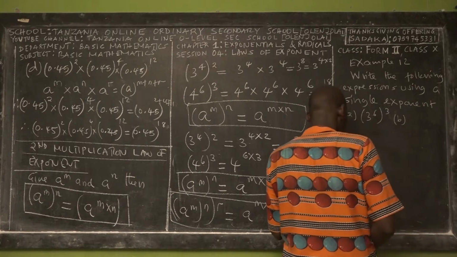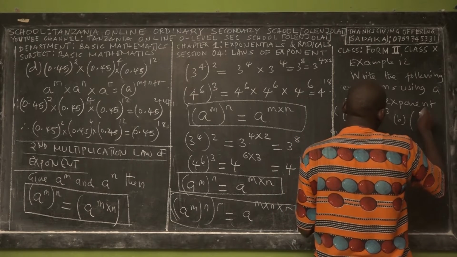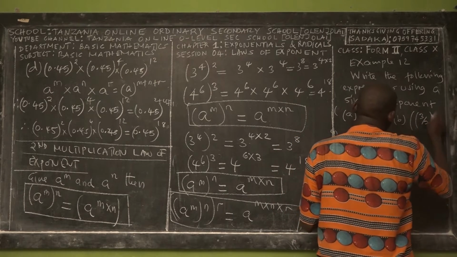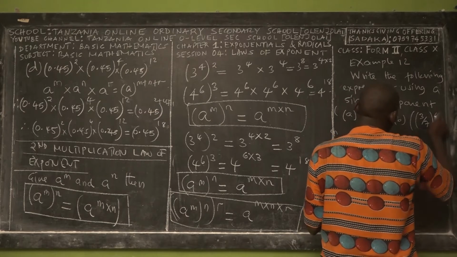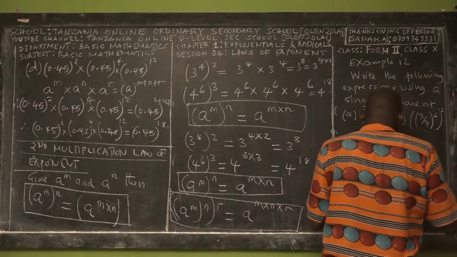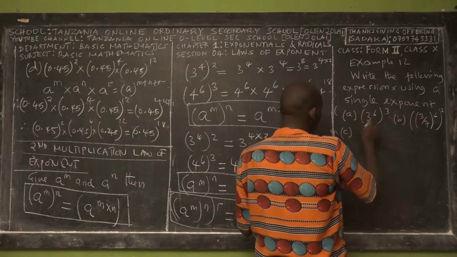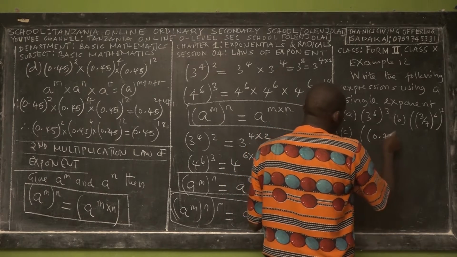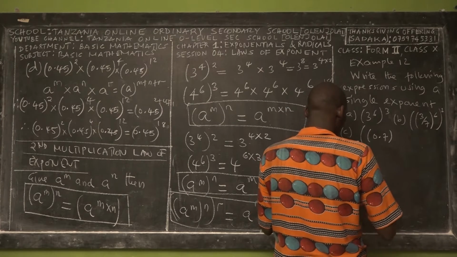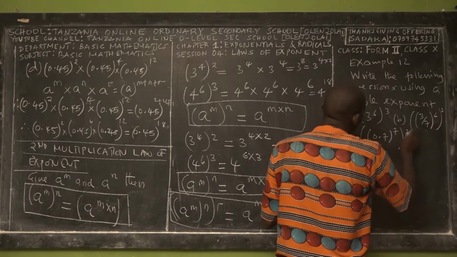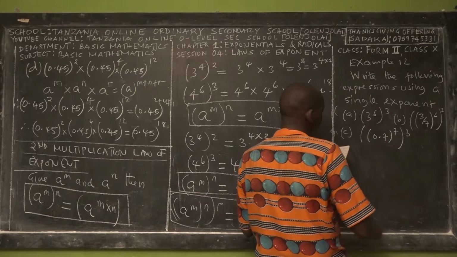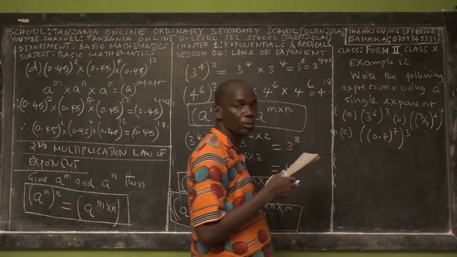B, we have 3 over 7 power 6 power 2. And C, we have 0.7 power 7 power 3. That's the question we have.